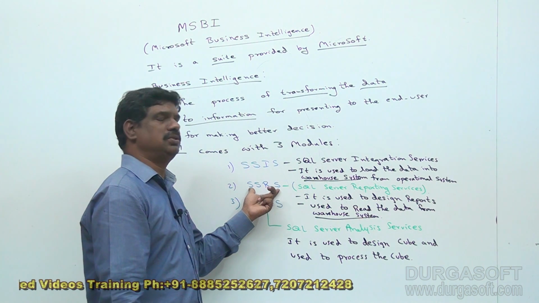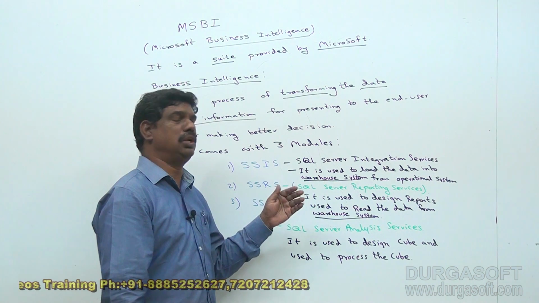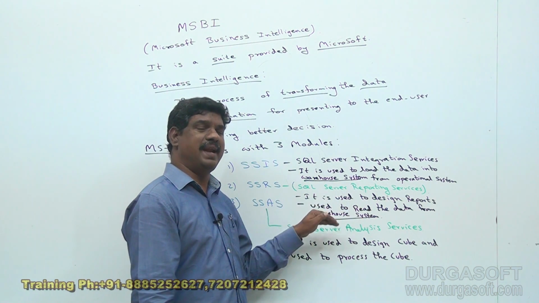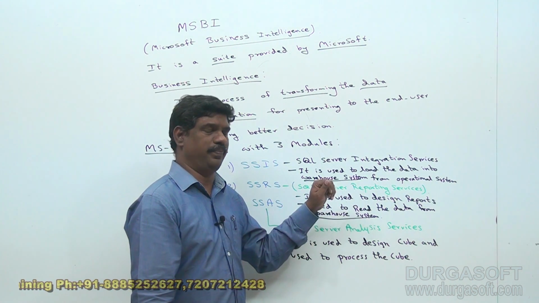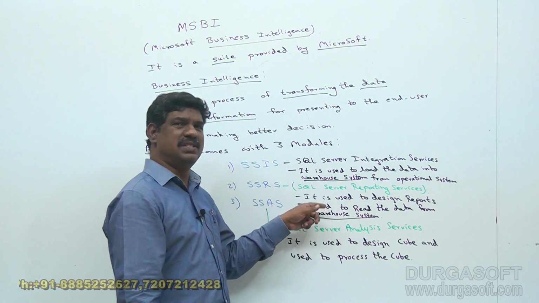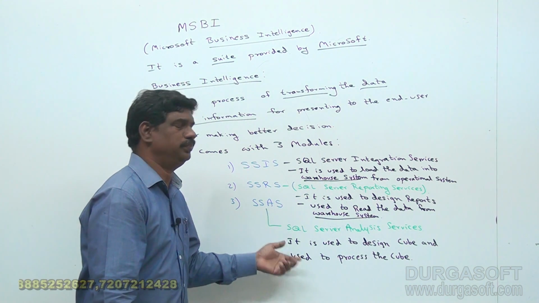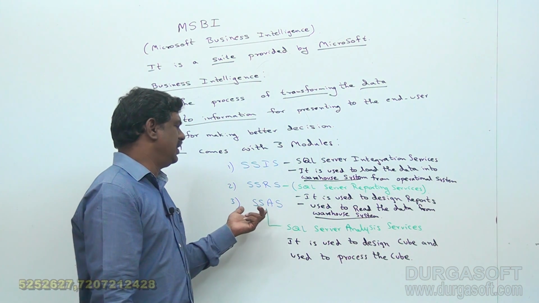For that purpose we use a component called SSRS. With its help you design the reports to read the data from the warehouse system. It doesn't mean that it reads only from the warehouse system; it has a facility to read from a cube system also. But first of all, what is SSAS?